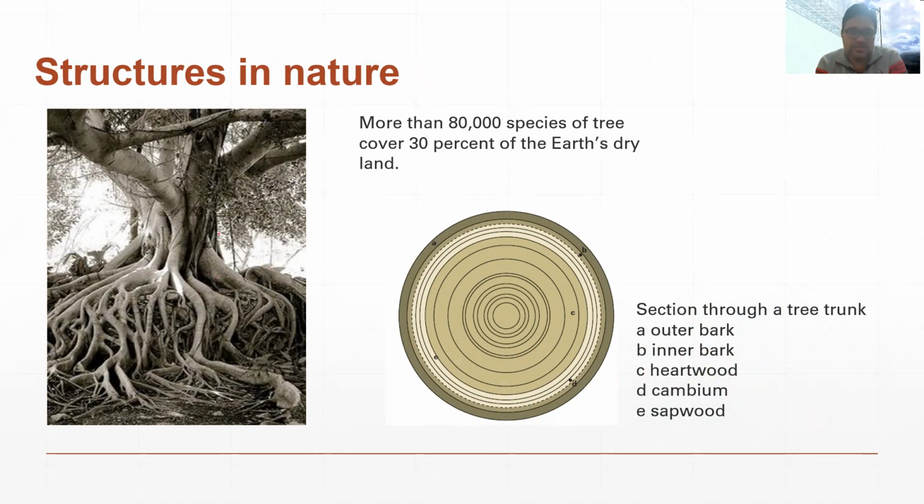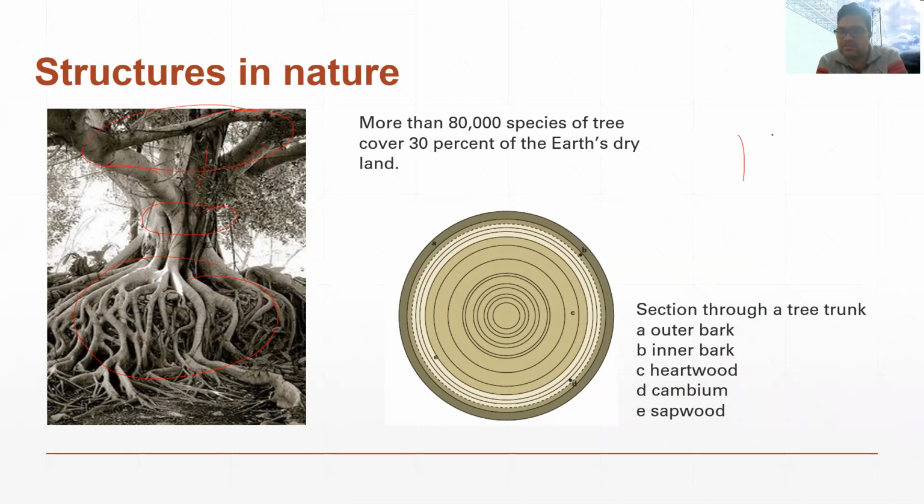A tree has a central part which we call the trunk or stem, and it is fixed in the ground with the help of roots. On the above part, the stem is connected with various branches and twigs. The upper part is called the crown.